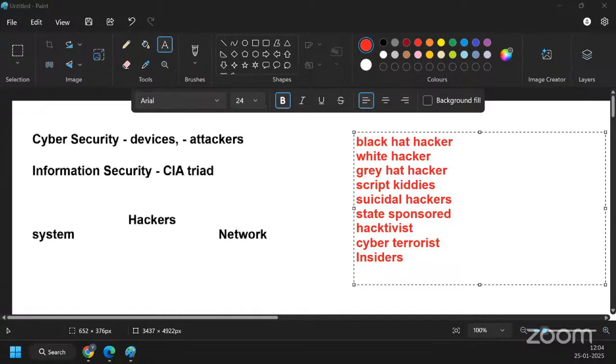So the black hat hacker is basically someone who performs non-ethical things, who is trying to gain something that is not ethical. Black hat hacking is bad intention, illegal hacking.